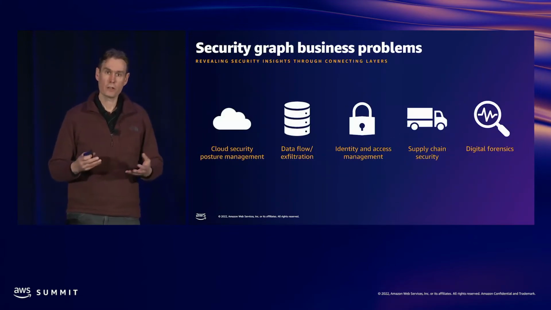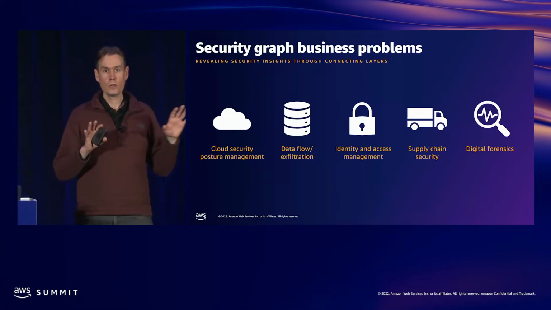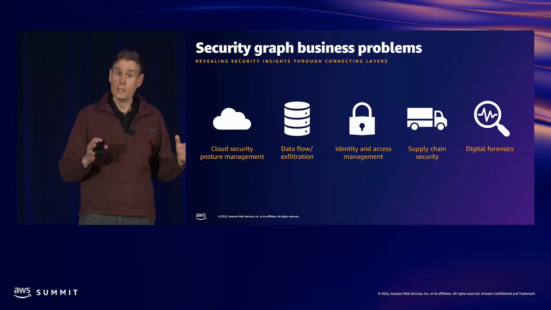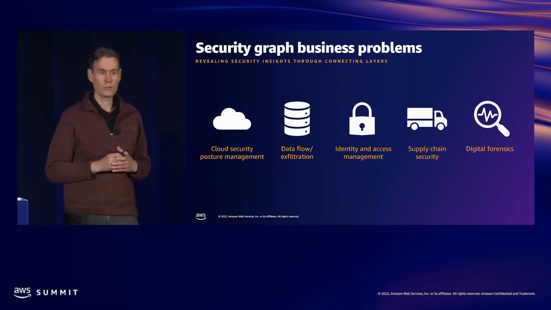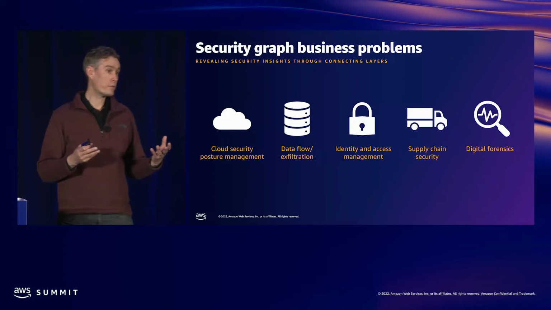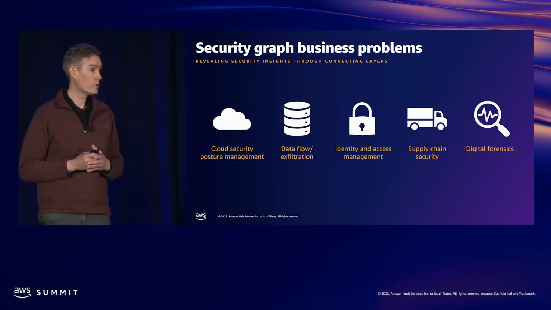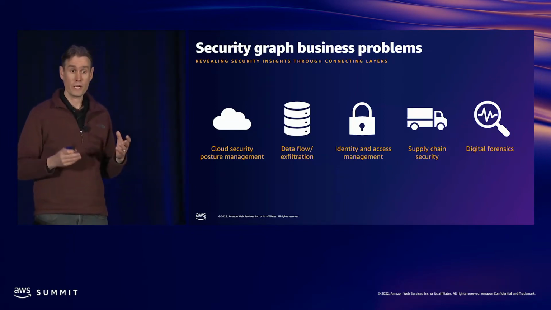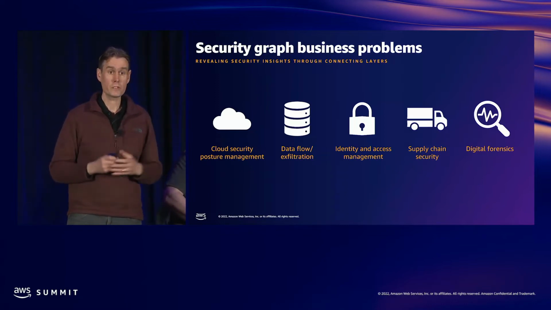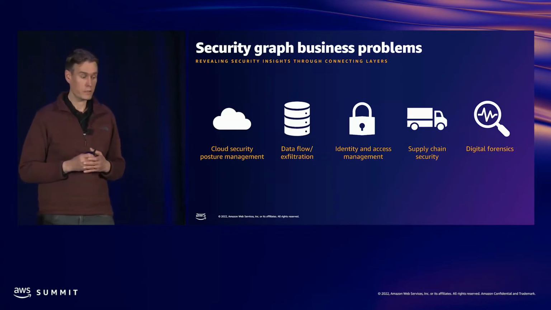And it turns out that when you look at graphs in the security domain, there's a lot of different problems that you can solve relatively easily. If you build a graph of your resources in the cloud, you can start to query them and try and understand which ones may have vulnerabilities or where there are places that you can improve the security.